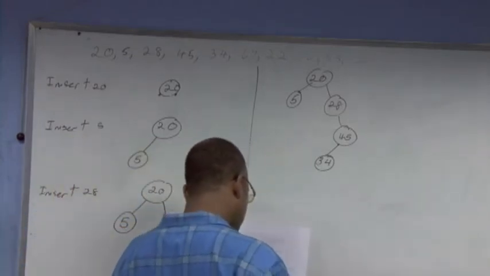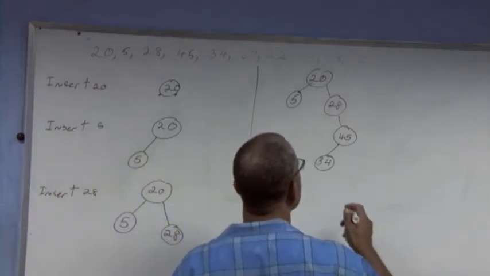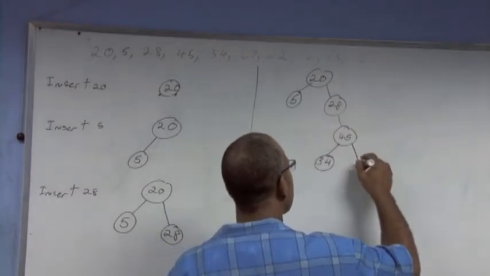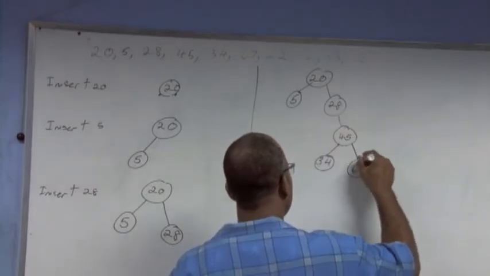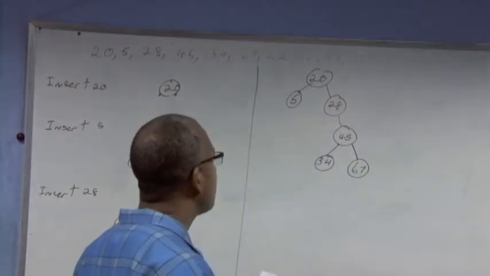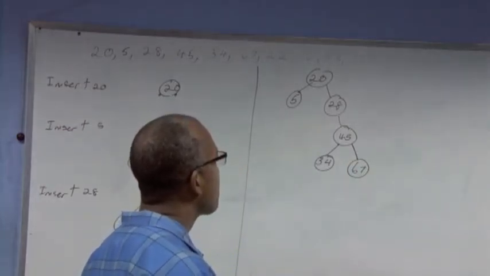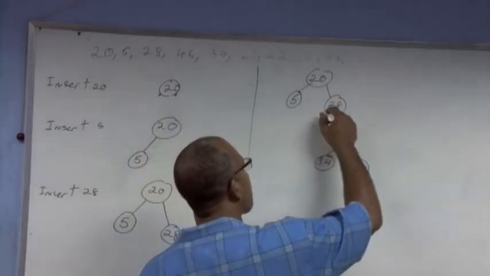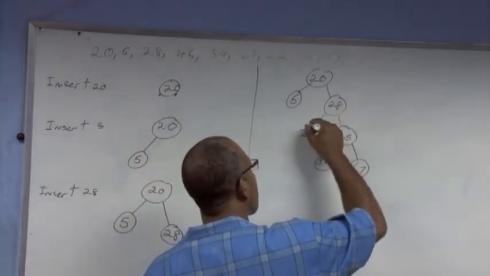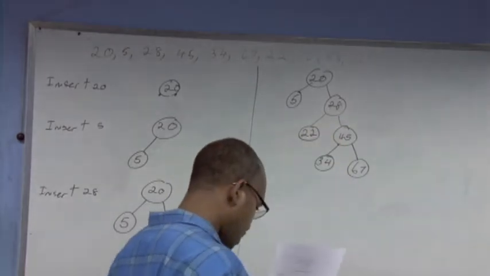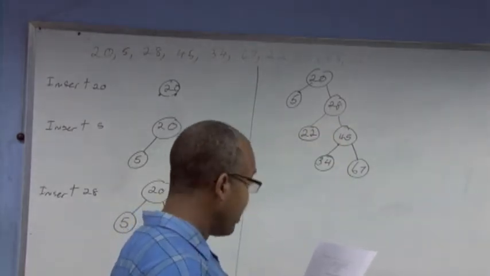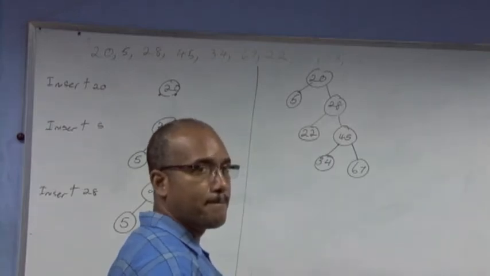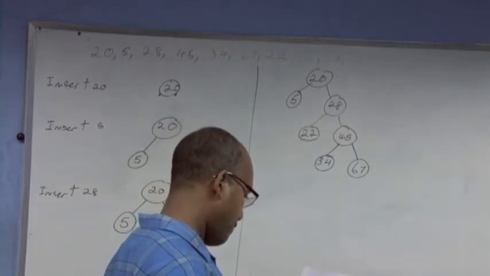Then we're going to insert 67, which will be larger than 45, so we'll come right here. Then we're going to insert 22, which is smaller than 28, so put it to the left. Then we're going to insert 10, to the right of 5.